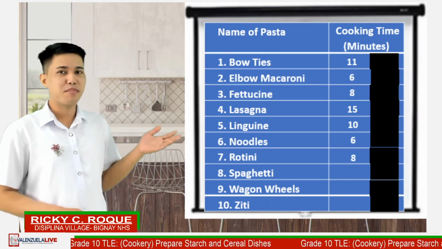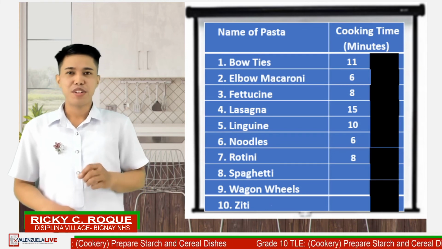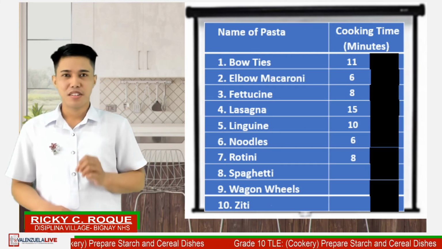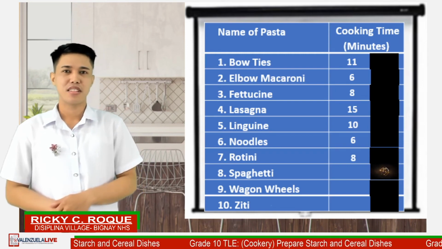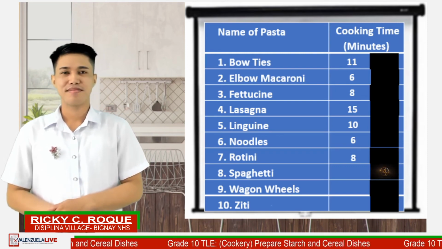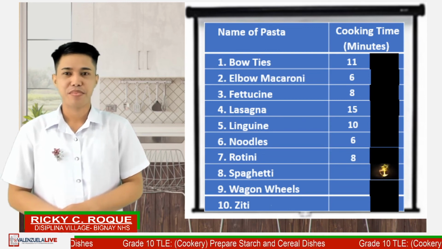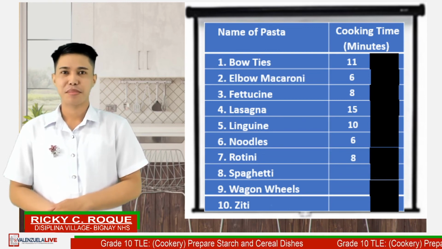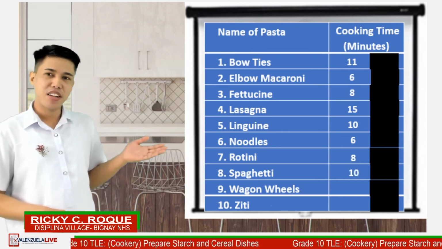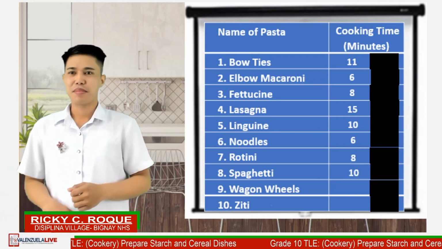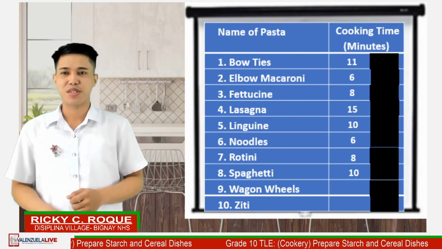Rotini has 8 minutes of cooking time. Number 8, spaghetti for 5 seconds. Okay, spaghetti has 10 minutes of cooking time. Moving on to number 9, wagon wheels.